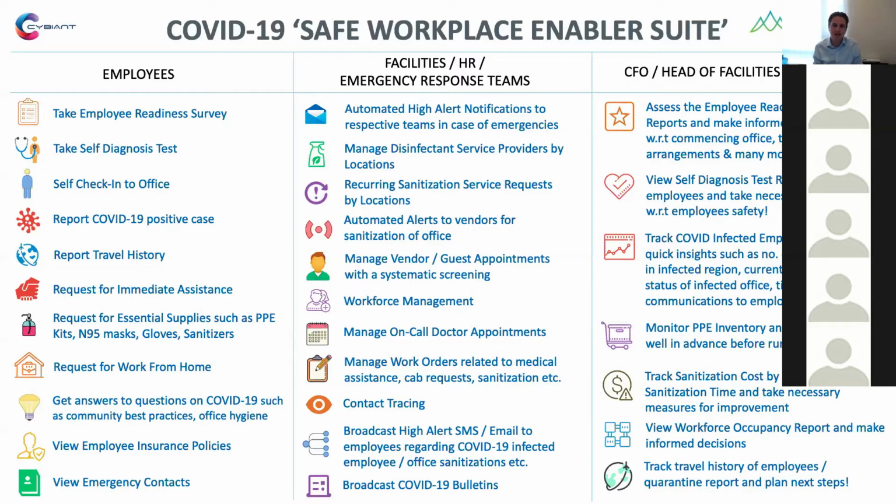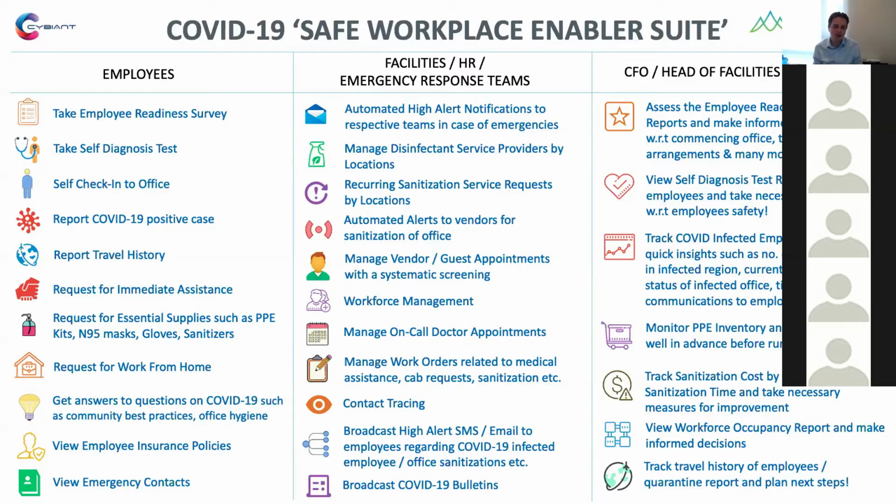Then in the middle, you see all of the more logistics aspects that need to be carried out. Think about managing vendors, doing things like guest appointments, and tracking exactly who has been to your buildings. We also want to make sure that we have alert notifications, that as soon as any kind of health risk is notified, we can notify everybody immediately who has been to that particular building.